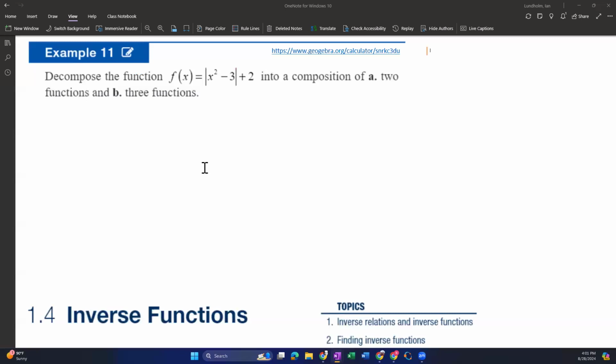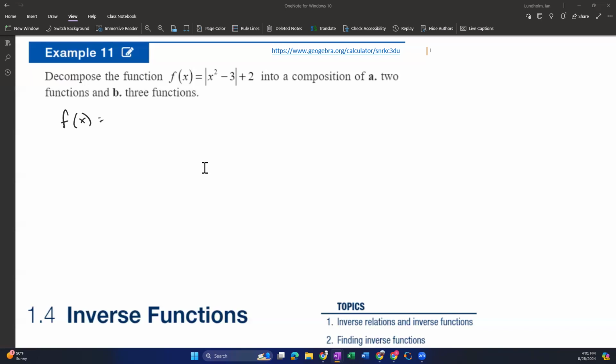Decompose this function into a composition of 2 functions and 3 functions. Cool. You could take a minute to try that. I think I'm going to try to break it down into as many functions as I see and peel the onion away, so to speak. As I look at f, I can see that it is a composition of, well, there will be a square function, so that's 1.